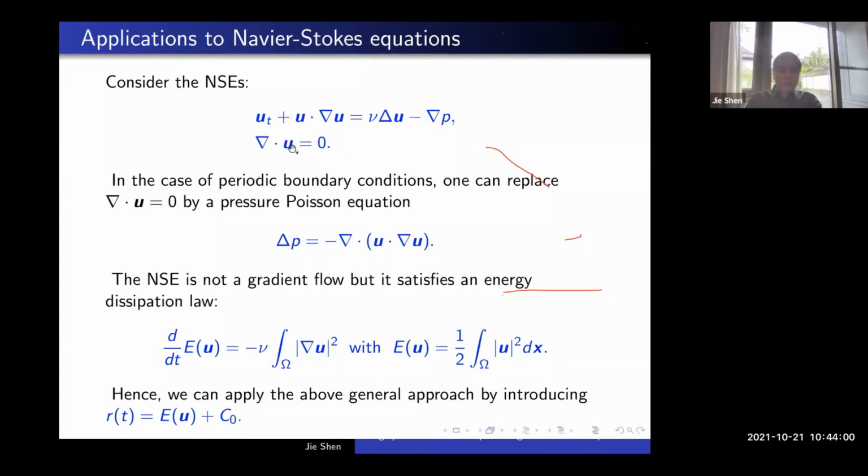So this is the Navier-Stokes equation. You have a vector unknown u and scalar unknown p, which satisfy this, and your velocity is divergence free.